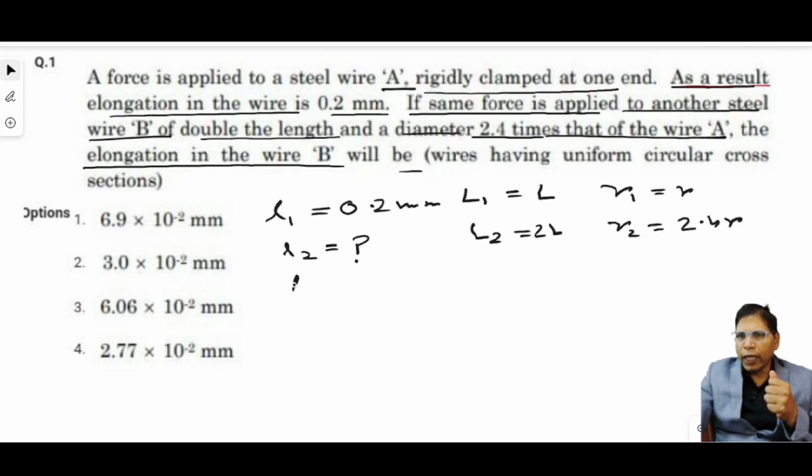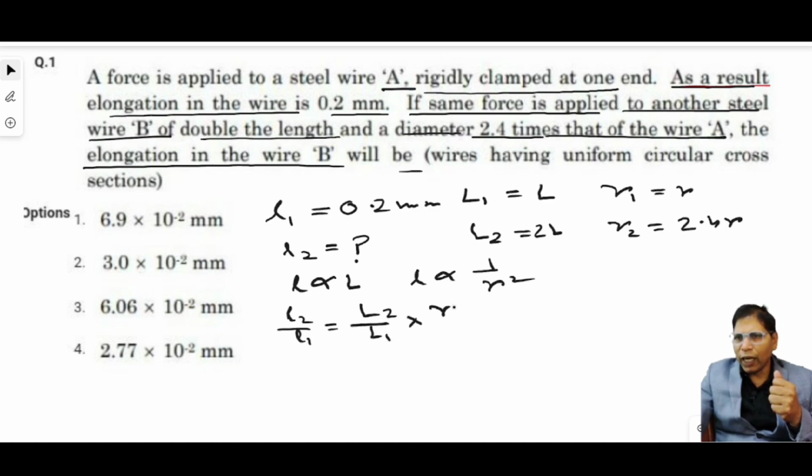Now we know the elongation is directly proportional to the length of the wire and inversely proportional to R square. So we can write L2 by L1 equals, this is the L2 by L1 and this is the R1 by R2 whole square. Okay, no problem.